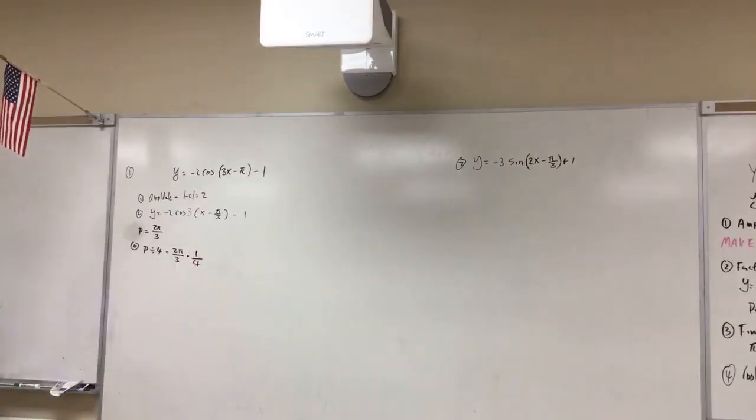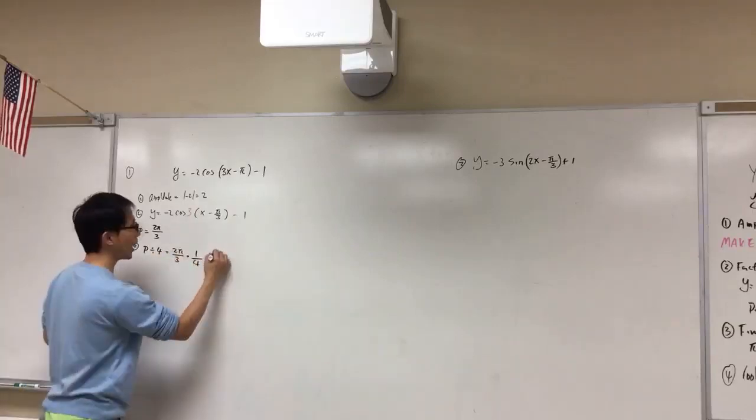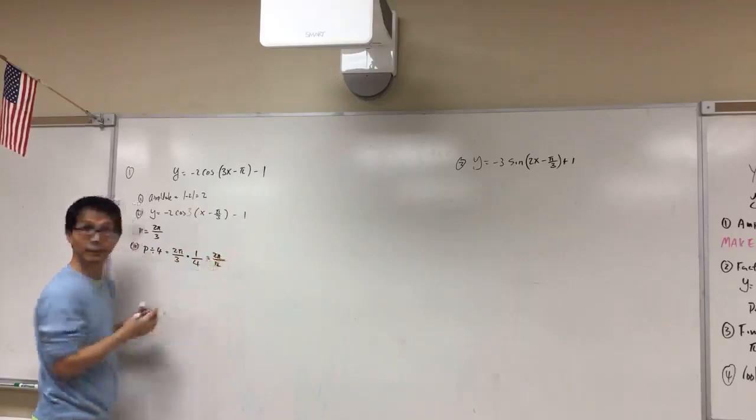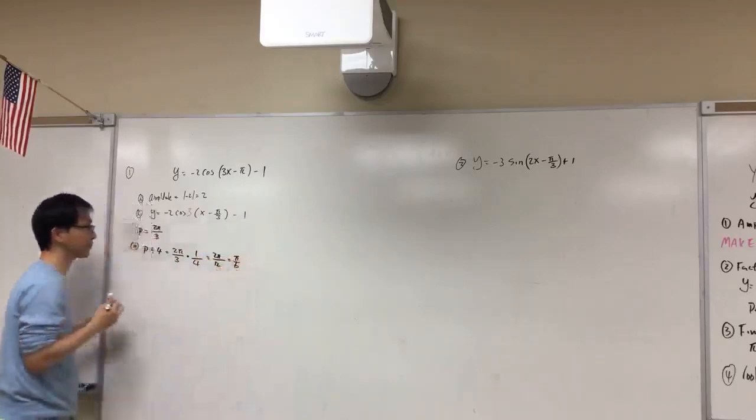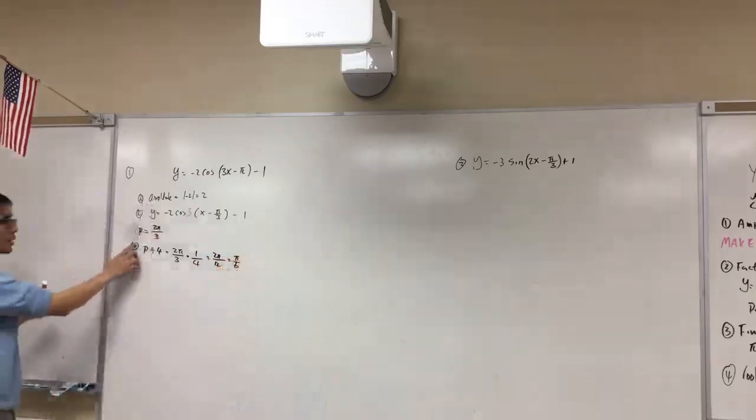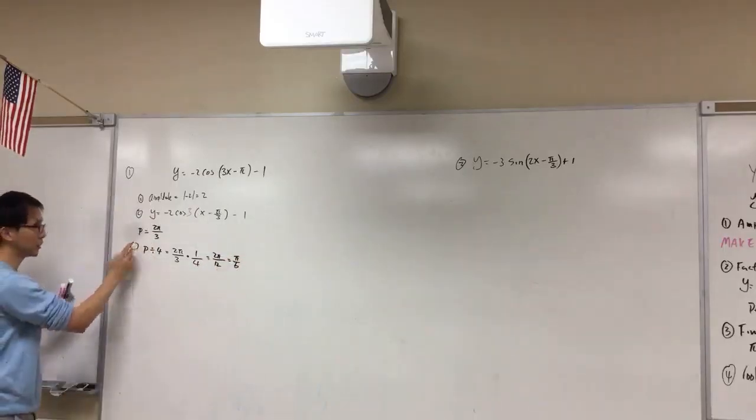You had to divide it by 4, so it's going to be 2 pi over 12, right? Which is pi over 6. That's how I can count.